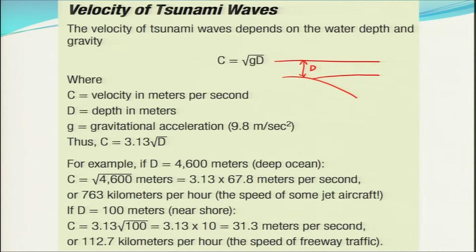Here the depth is 100, then you will get about 31. So again, if you are having the greater depth, like what has been shown here, for example 4,600 meters, then the velocity is much higher. If the depth is hardly 100 meters, then the velocity is much lower.